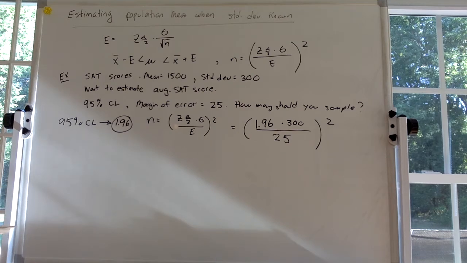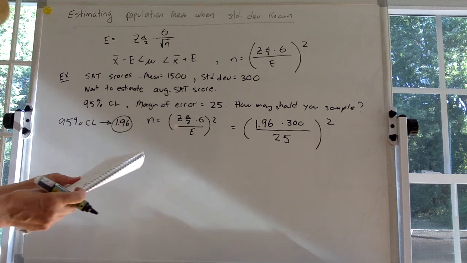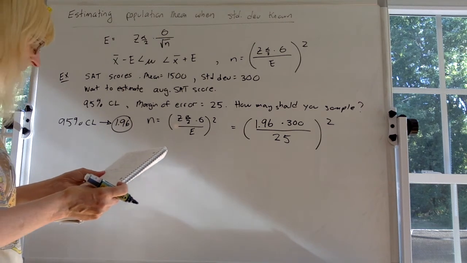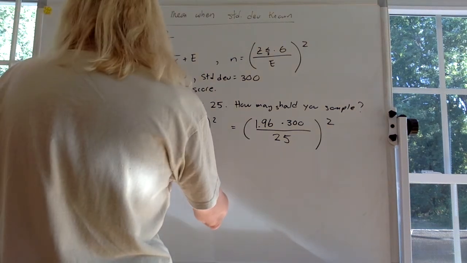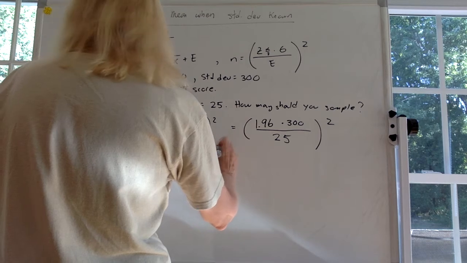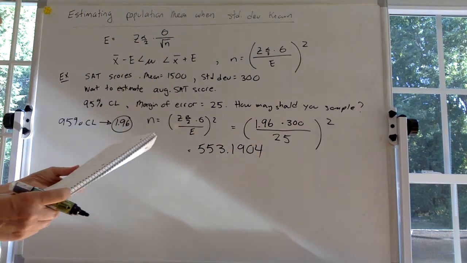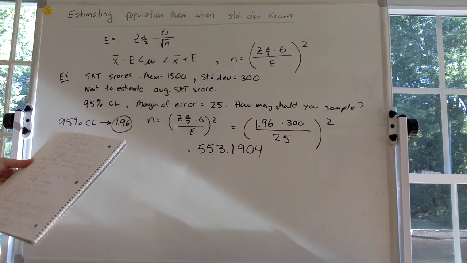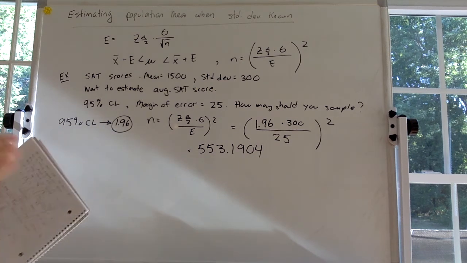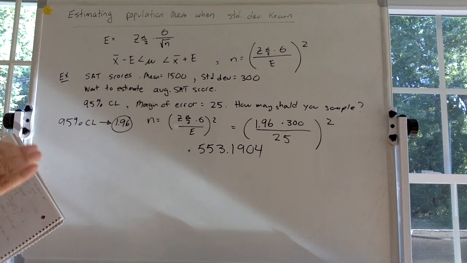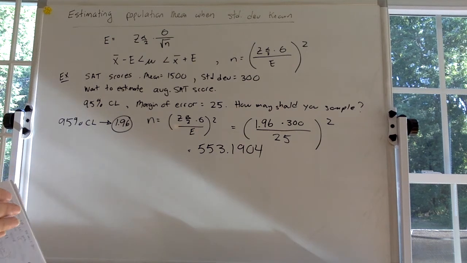I got, let's look at the page here. I got 553.1904. So you go, oh, so I'm going to round down to 553? No, remember, if it's one of these sample size problems, say we're talking about people, you can't have 0.19 of a person, so you always go up.